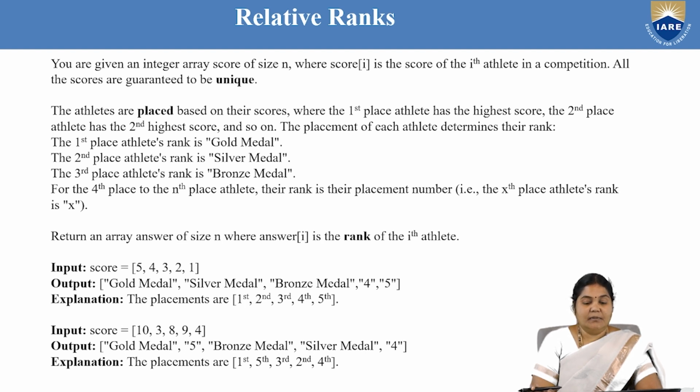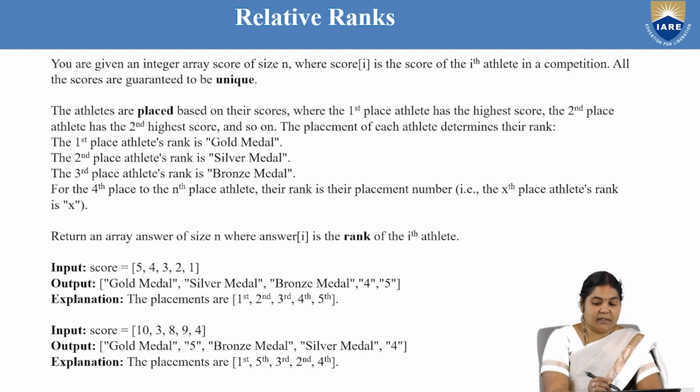Now let us understand the test cases and what is asked. In the first test case, the scores are given, and they are already in sorted order: 5, 4, 3, 2, 1. The output should be: the highest score is for the first athlete, that is 5, so their rank should be gold medal.